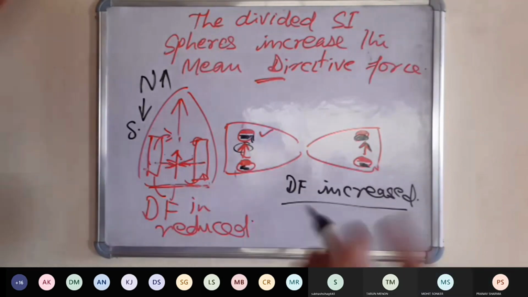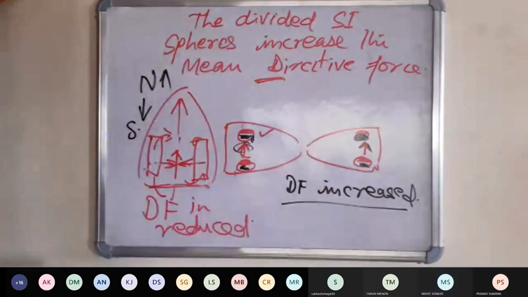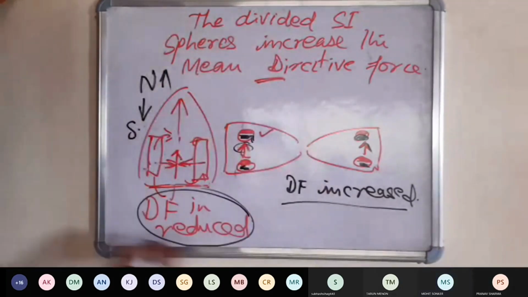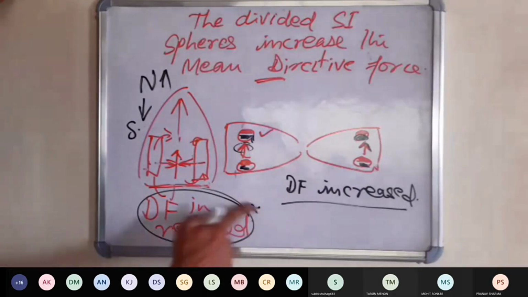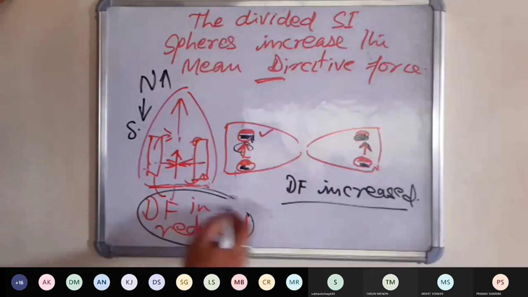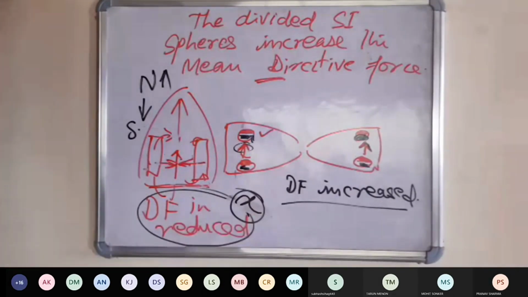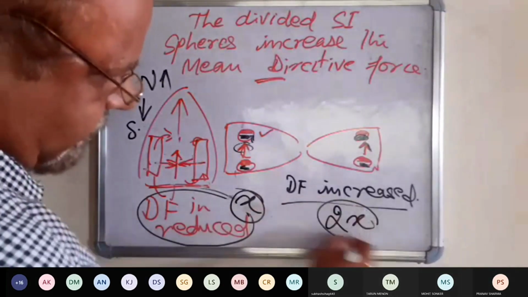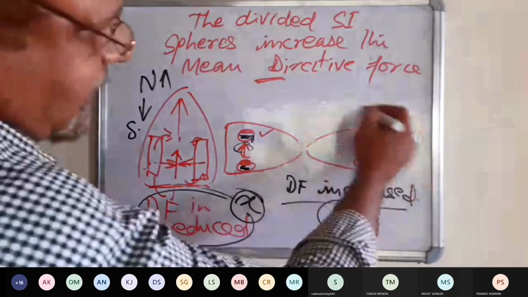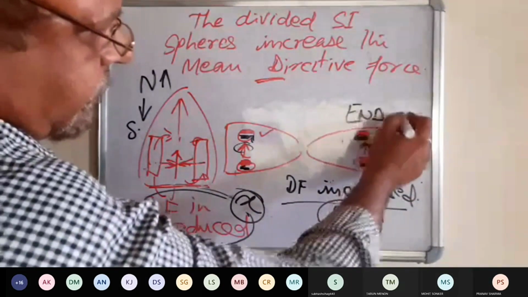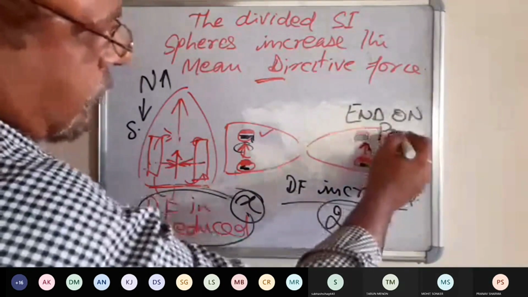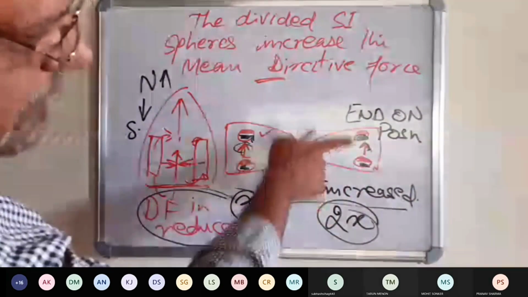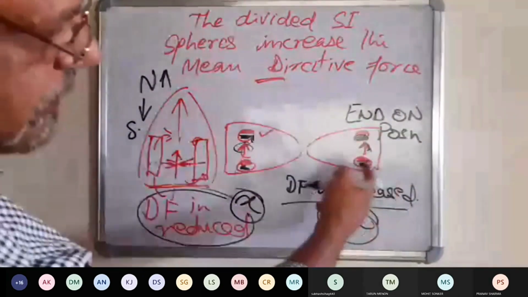Yes, but what we see here, that this decrease, if it is reduced by an x amount, the increase in DF is 2x. Why? Because this is end on position. The compass is end on position.